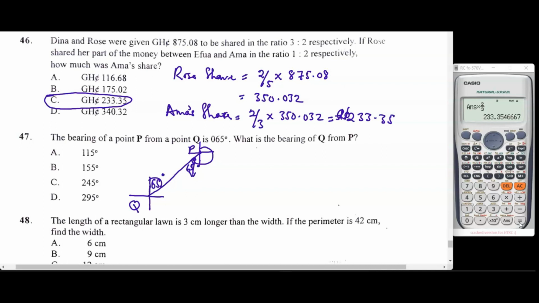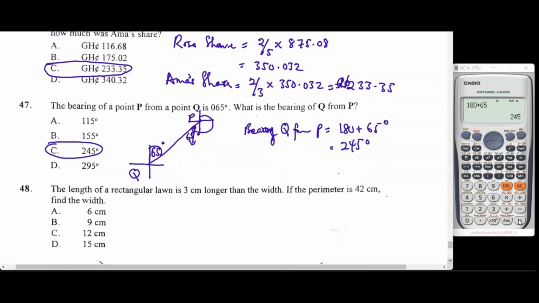So the full angle from north to south pole is 180 degrees, and therefore the bearing of Q from P will be equal to 180 plus 65 degrees. So programming it, 180 plus 65, that gives us an answer of 245 degrees. So that's possible answer C.